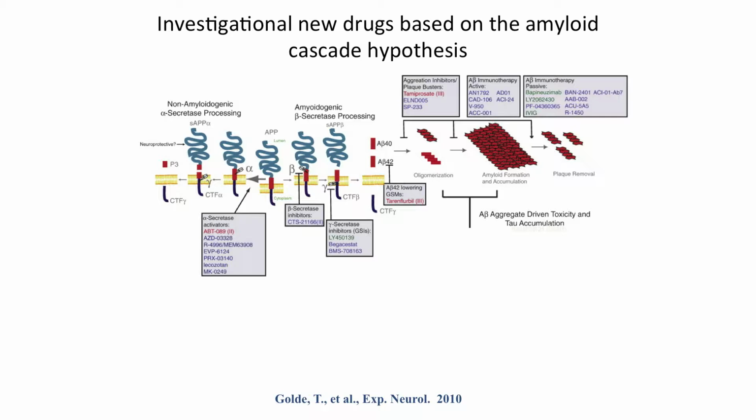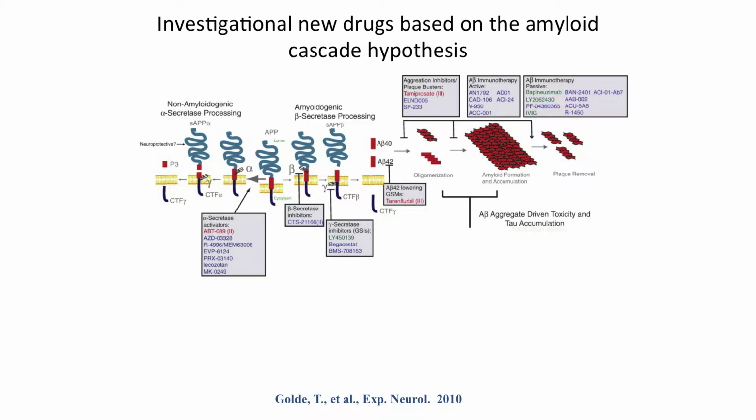And then, after the A beta is actually produced, there's a whole set of classes of drugs that are designed to prevent the aggregation. So these are aggregation inhibitors. There's also classes of drugs like the A beta immunotherapy, either active immunotherapy or passive immunotherapy, that are designed to produce antibodies that bind to these aggregates and cause them to be taken up by microglia and removed from the brain. So all of these things have gone to trial.